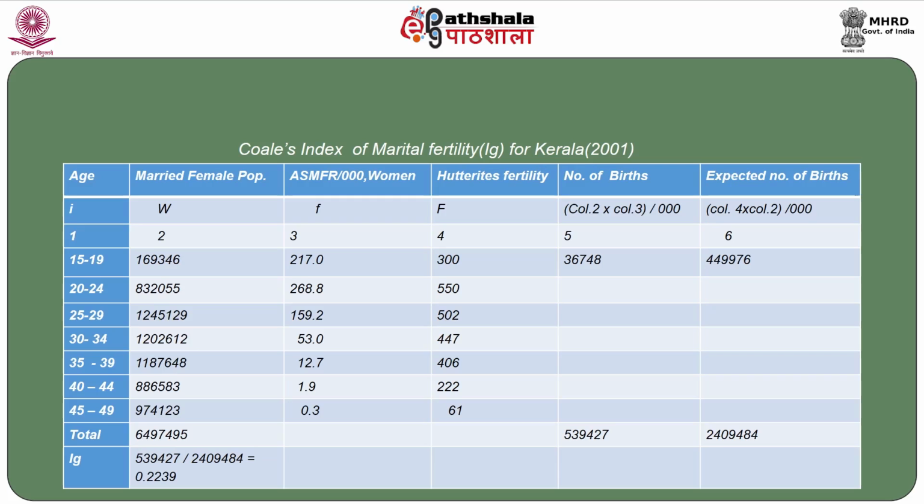So the last two columns indicate the number of births and expected number of births. On the basis of this, the computation of the marital fertility index Ig is given in the last row. Have a look at the various data that is presented and the way the computation was done to derive the index of marital fertility for the state of Kerala.